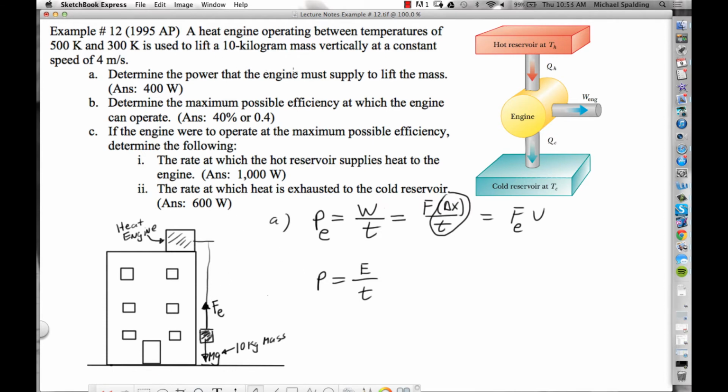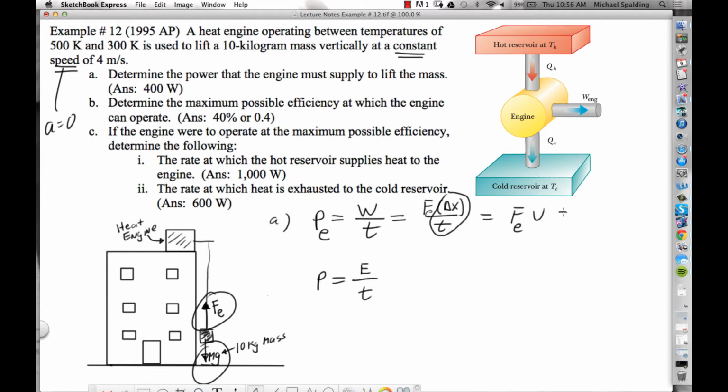Now, if this is being lifted at a constant speed, see right here? Constant speed. What's another name for constant speed? Zero acceleration. So what has to be true about the up force and the down force? They must be equal because it's not accelerating. So what's this force of the engine? The force of the engine is equal to mg.